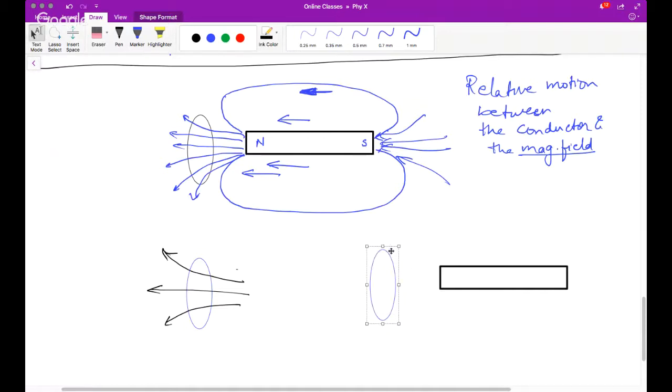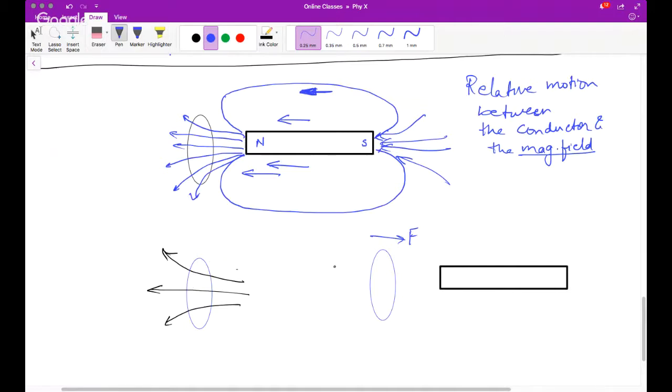So hence, you are applying a force in which direction? You are applying a force in this direction. Keep the magnetic field constant. Then the relative motion is as good as, instead of the magnet moving towards the ring, let the magnet be fixed and you move this ring towards the magnet.